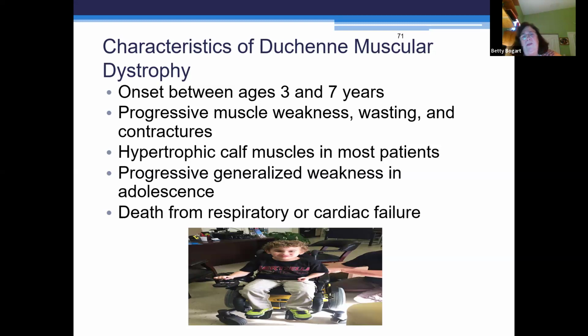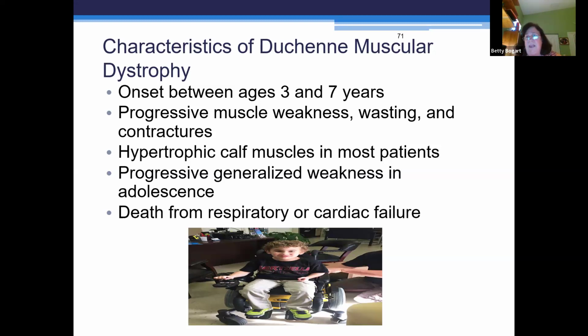And one of the things is all of a sudden this kid's going to start getting more and more weak and start falling. And these children will be a little bit cognitively delayed. This is the one that they are. And these children end up in wheelchairs.